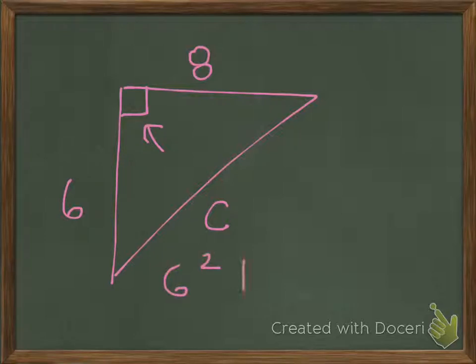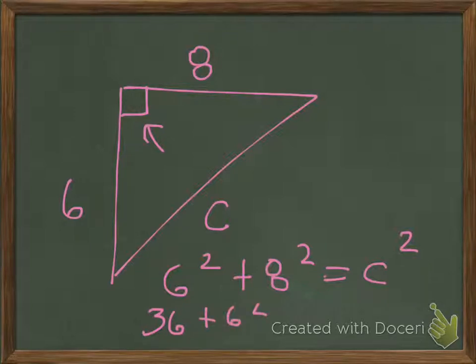I'm going to use one leg and another leg, put that in for A and B, and set it equal to C squared, so I'm going to solve for C. 6 squared is 36, 8 squared is 64. We add that together. 36 plus 64 gives us 100, and 100 equals C squared.